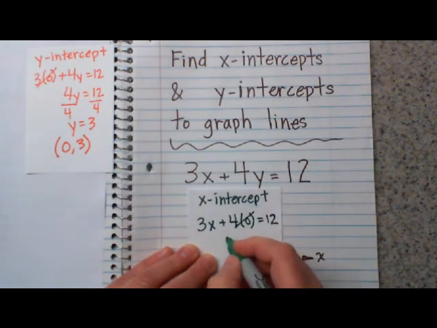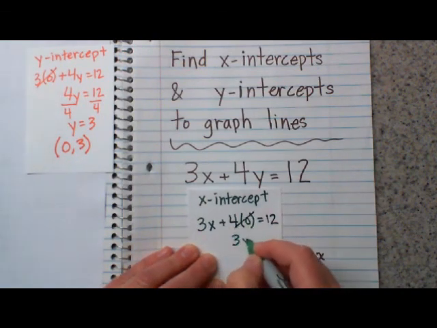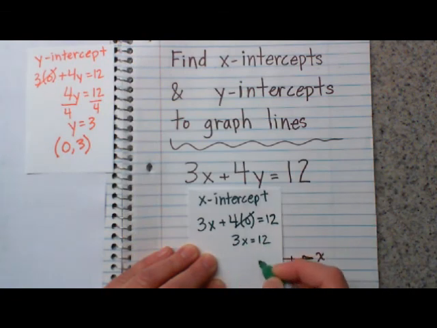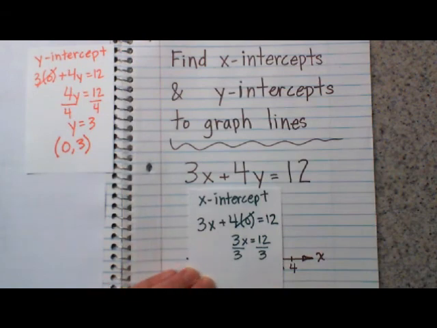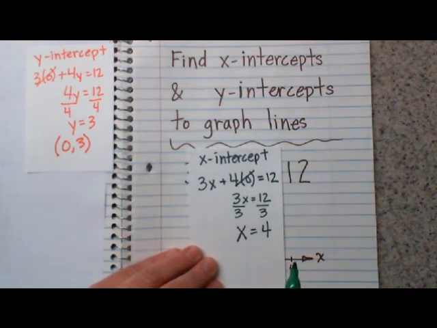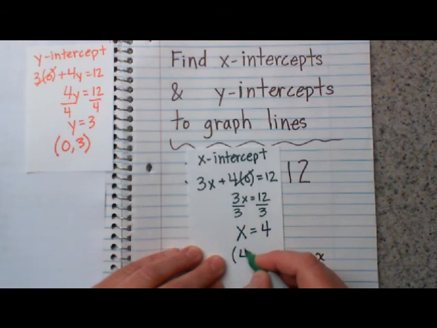This is 0. I'm left with 3x equals 12. Divide by 3 on both sides. X equals 4. So the x-intercept for this line will be at 4, 0.